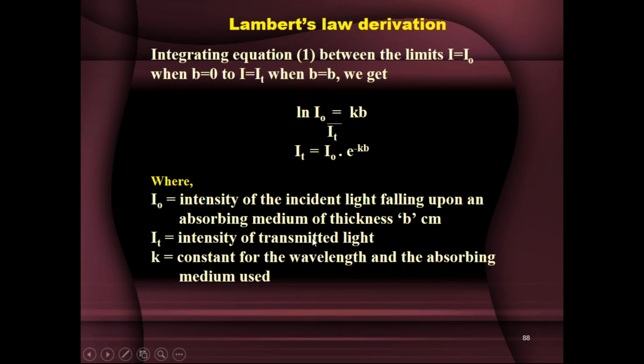IT is intensity of transmitted light after passing through an absorbing medium of thickness b centimeter. And k is a constant for the wavelength and the absorbing medium used.